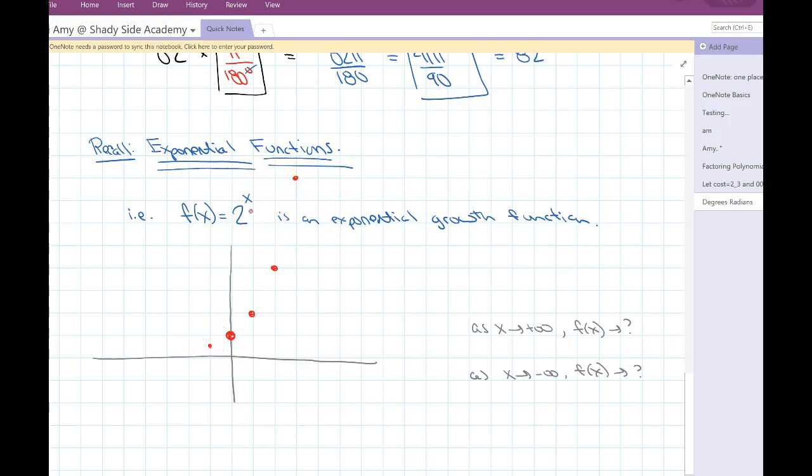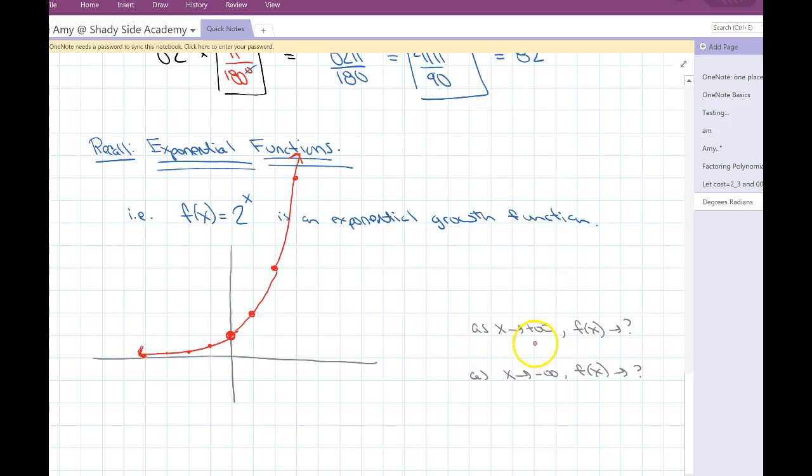When x equals negative 2, 2 to the negative second is 1/4. X equals negative 3, 2 to the negative third is 1/8. And what I see here is this situation. Here is kind of your classic exponential growth function.